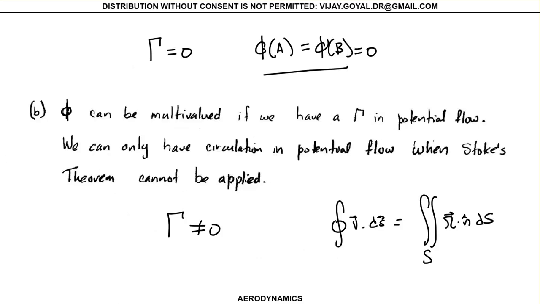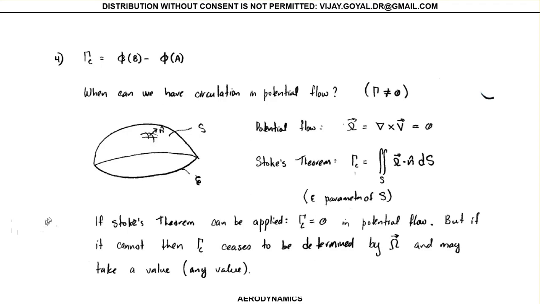Okay? So let's keep expanding on this, understanding what is really happening. So when can we have a circulation in potential flow? We can have circulation and potential flow when the circulation is different from zero. Potential flow is saying that your vorticity is equal to zero.